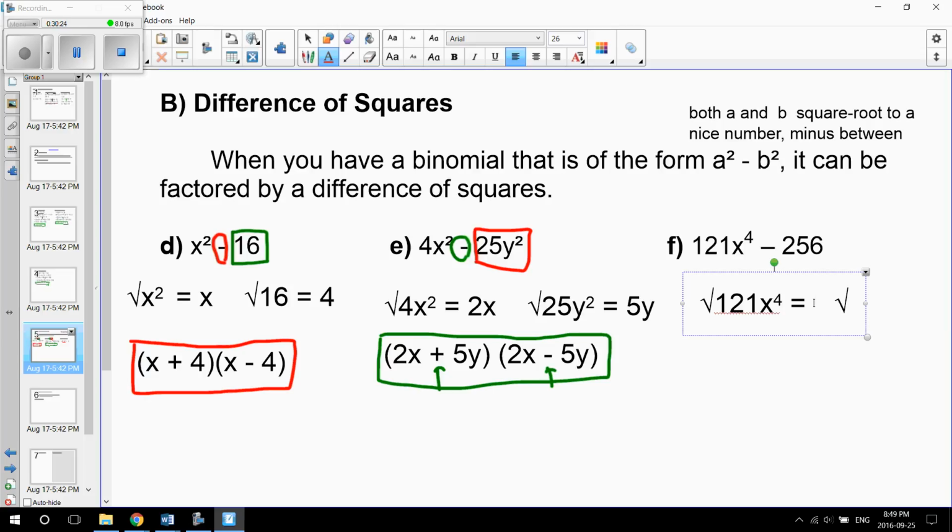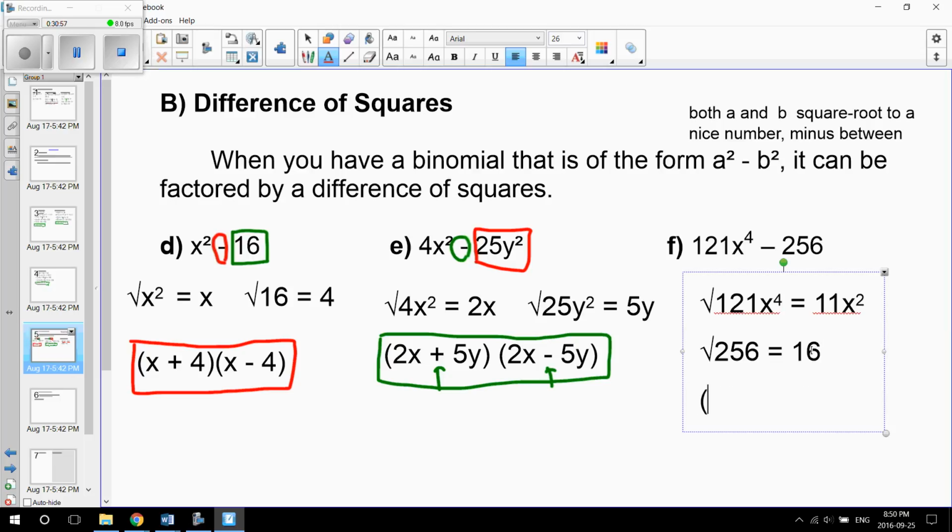Hopefully you are able to say 11x squared, because the square root of x to the power of 4 is x squared. Then our second term, the square root of 256. That value, hopefully one of you said 16.